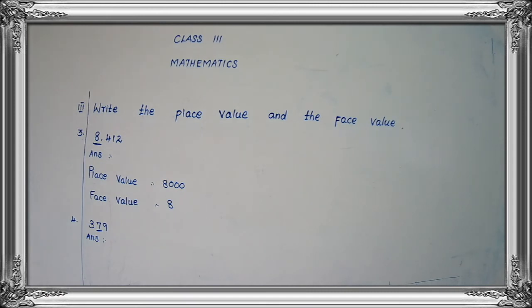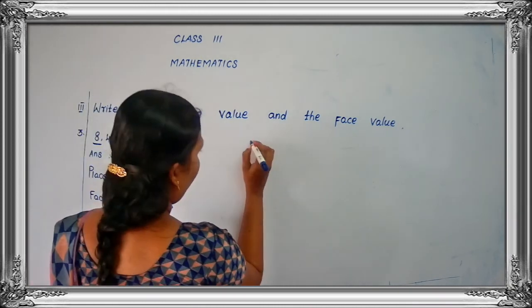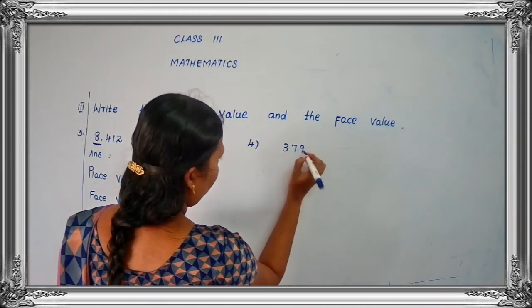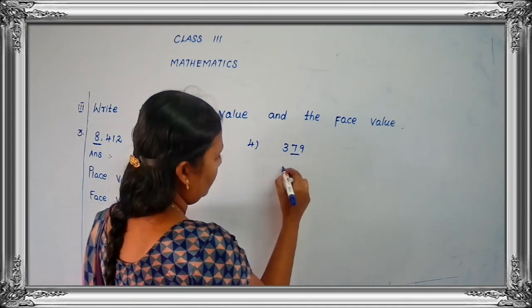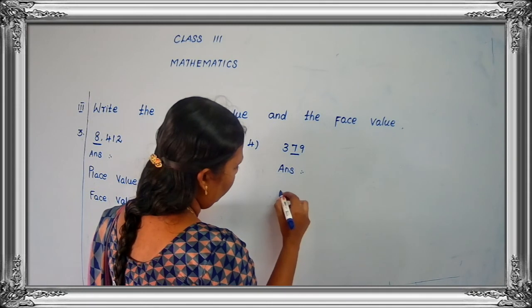First we have to find the place value. The fourth one, 379. The underlined digit number is 7. Now we want to write the answer.